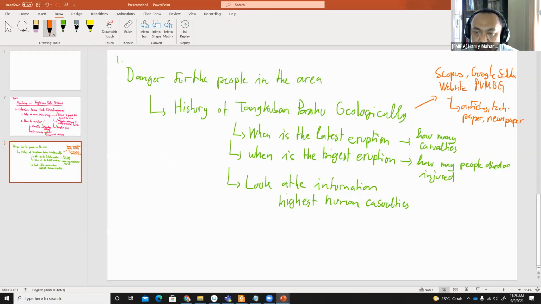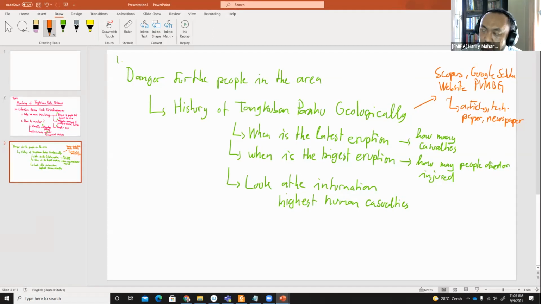Because the source of information or literature that we can look for is not only scientific papers and books, but it can also be taken from newspapers, and so on.